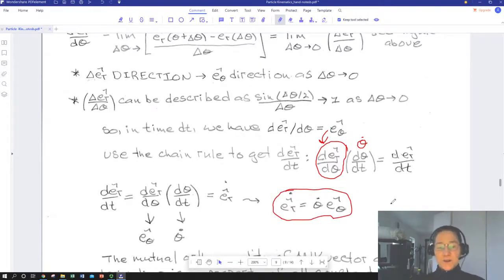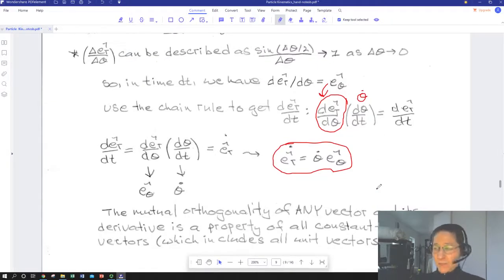So this is just an analogous way of looking at the mutuality of those unit vector directions. Our r hat changes in the theta hat direction, and our theta hat changes in the r hat direction with a minus sign. And then in both cases we multiply by the scalar rate of change of theta, which is tracking the change in time.